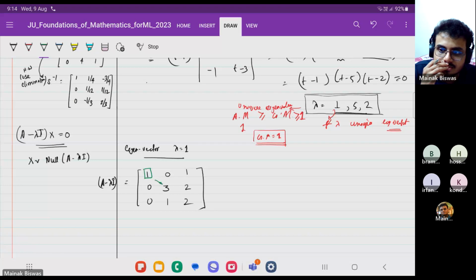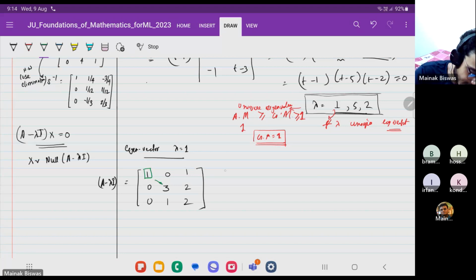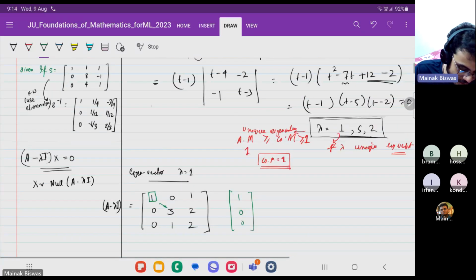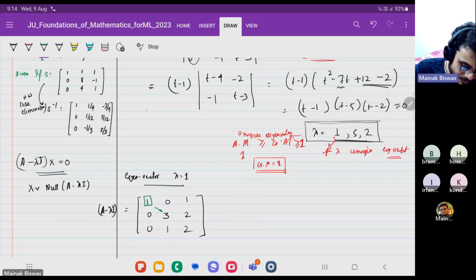Zero, minus 1, 1. So you are missing out on the easiest of the lot. So can I have 1, 0, 0? Oh, you're saying 0, minus 1, 1. So that is true. Let me just check. That is true. Let's see.